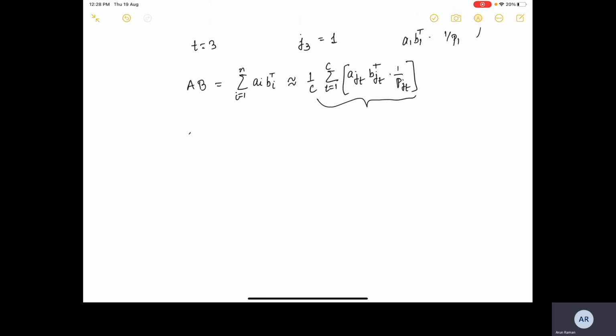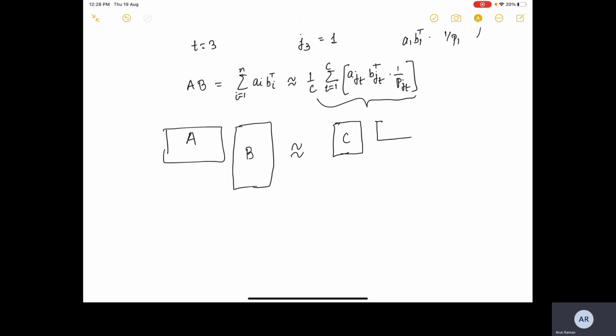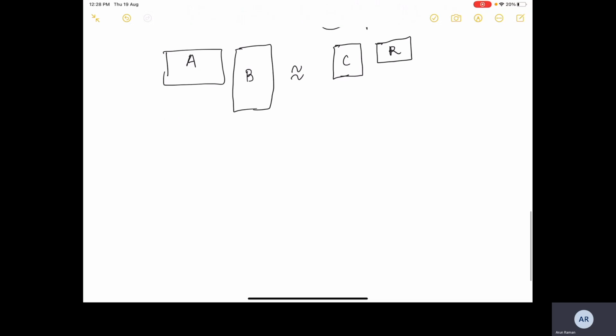Now, in the next step, we represent this sum in a more compact form. Let us say we had a large matrix A and a large matrix B. Now we have to approximate it with C and R, which are relatively smaller than A and B. We again go through the whole process. Let us say at T equal to 1, we got J1 equal to 100.